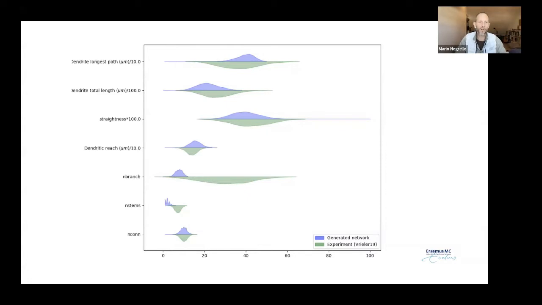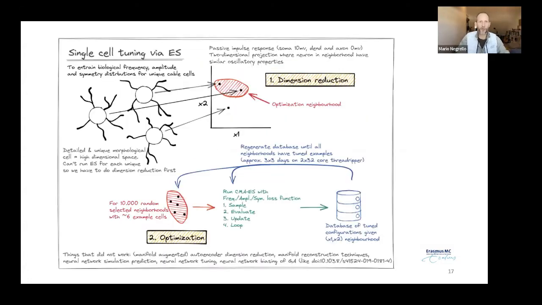Now, it's important that we have electrotonically plausible cells. So then we go from these reconstructed morphologies to networks of cells whose dynamics are plausible. We use evolutionary search to do so.